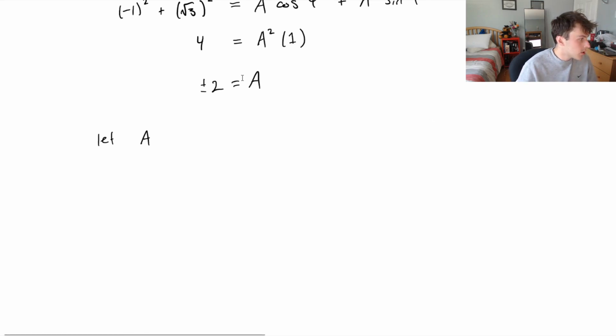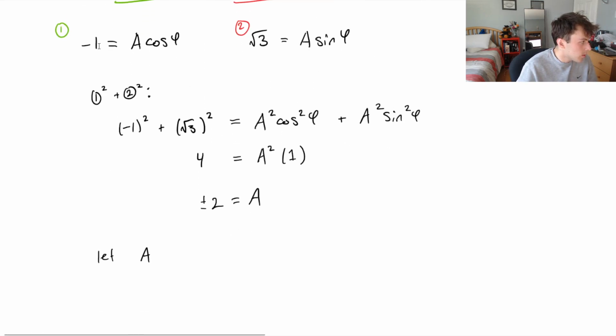Okay, and then to solve for phi, let's just pick one of these equations. From equation 1, we've got -1 equals -2 times cosine of phi.